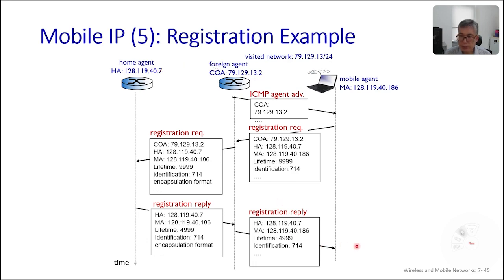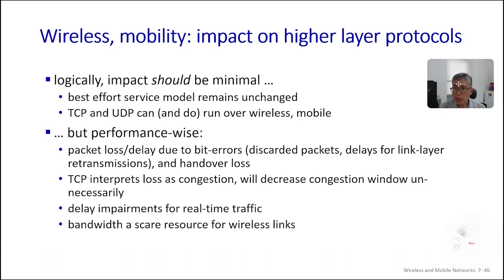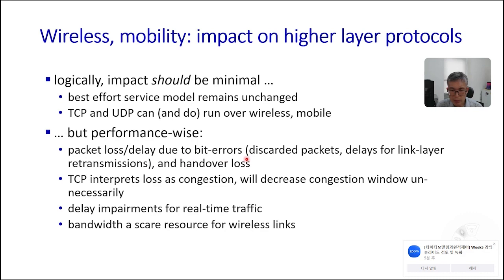Wireless mobility's impact on higher-layer protocols should logically be minimal. The best-effort service model in IP remains unchanged. TCP and UDP transport layer protocols can and do run over wireless and mobile networks, but performance-wise there are packet loss and delay due to bit errors, discarded packets, delays for link layer retransmissions, and handover loss.